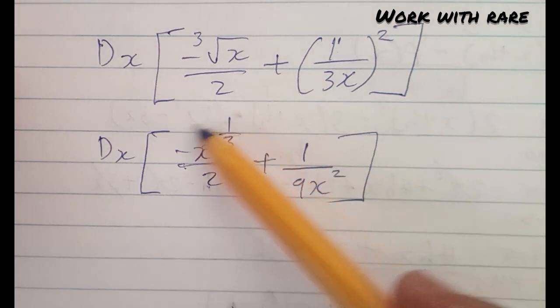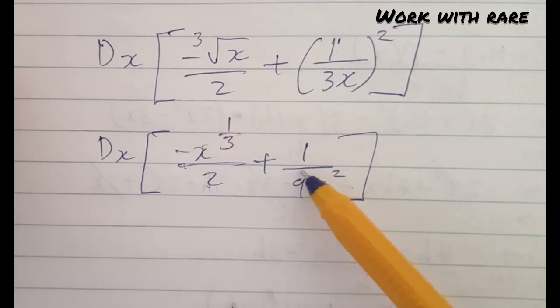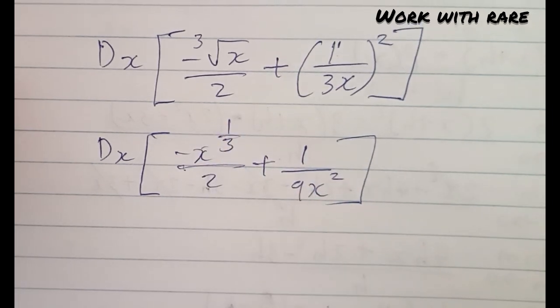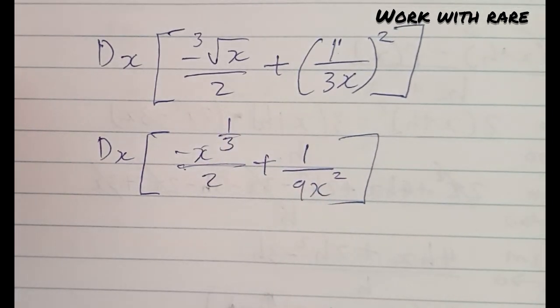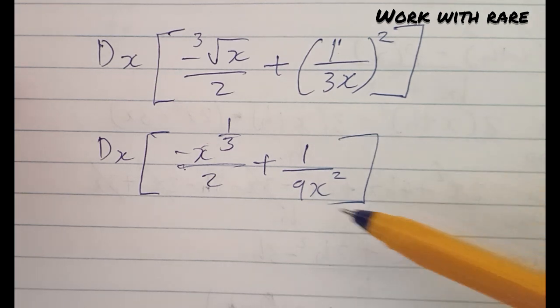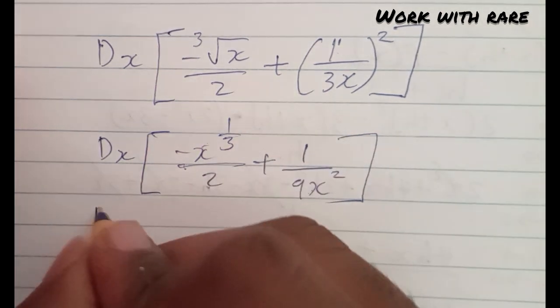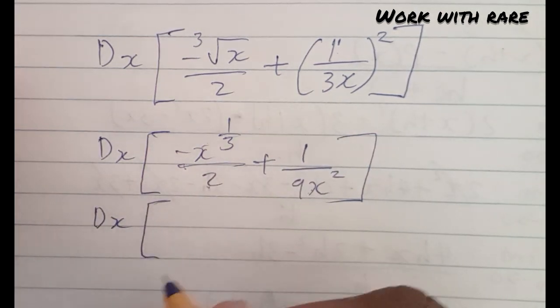But here I have my x in the numerator and here I have my x in the denominator, so I think things will be easier if I had these two in the same numerator. Okay, now I'll have to take this to the numerator, so we don't forget our dx.